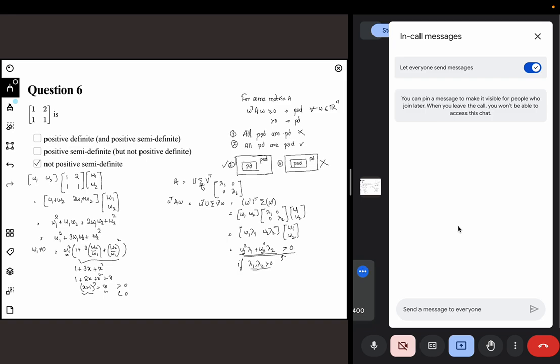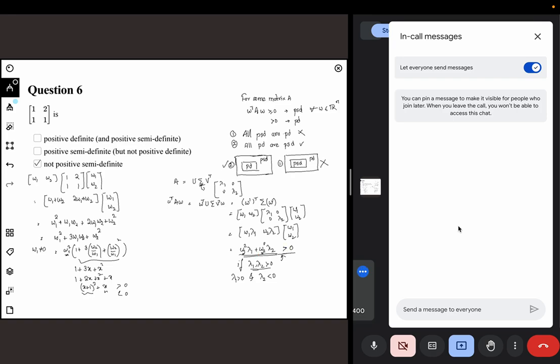Now let me ask you, can I say this is an if and only if condition? So it's a necessary as well as sufficient condition. Let's say you have one positive value of lambda 1 and another negative value. Let's say lambda 1 is greater than 0 and lambda 2 is negative. In this scenario, you can always choose some values of W1 and W2 such that this greater than 0 is not satisfied, right?